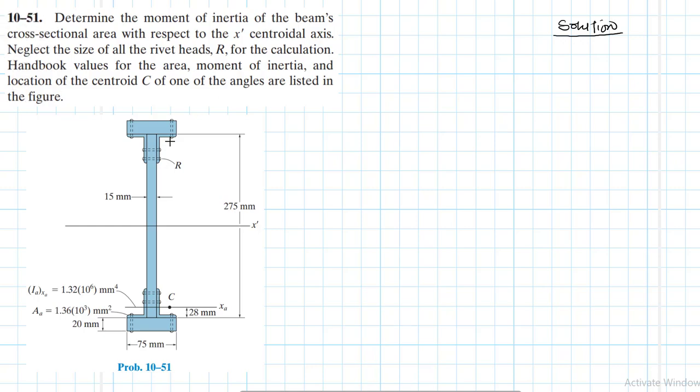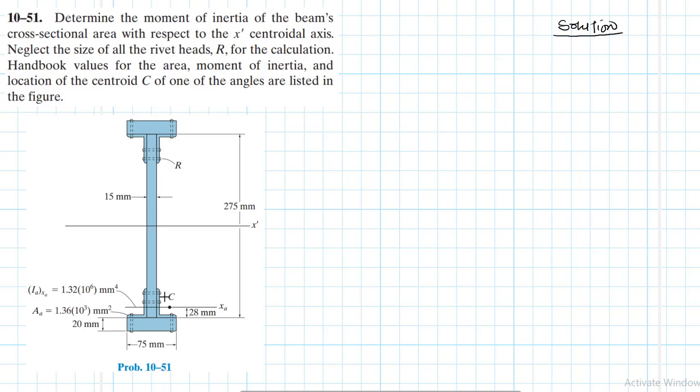So now we are being asked to find the moment of inertia about the x prime axis. When we look at this x prime axis, it is the centroidal axis of this composite cross-section area. It is passing through the centroid of this composite cross-section area of this beam.